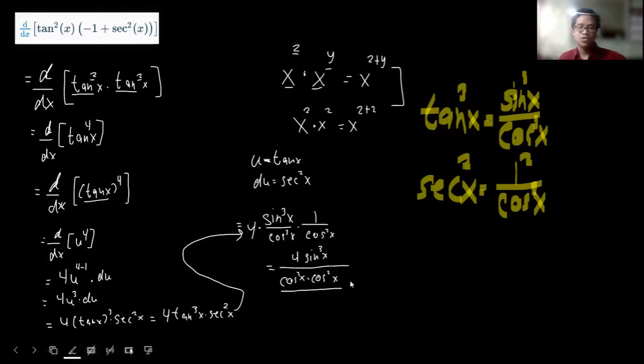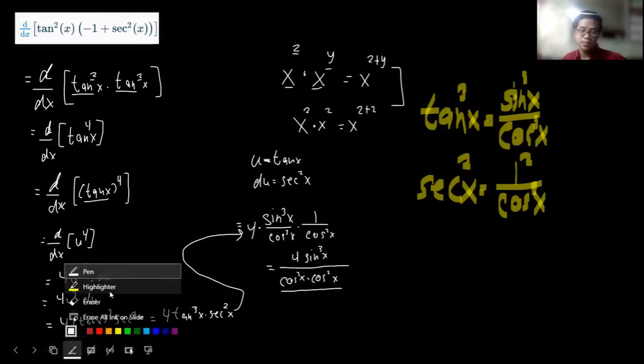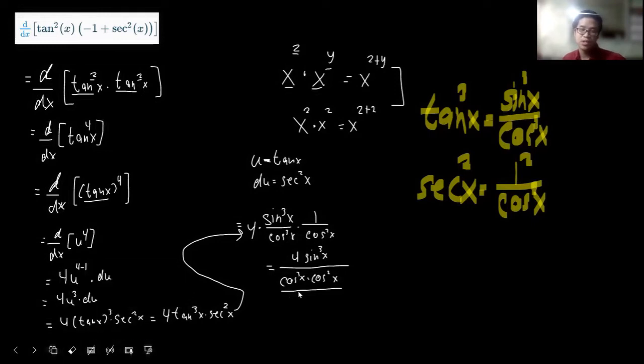Since the left part, cosine cube of x, and the right part, cosine squared of x, have the same base but different exponents, we're going to add the exponents. So this would be 4 sine cube of x all over cosine of 3 plus 2, 5. So this is cosine raised to 5 of x. This is your final answer.